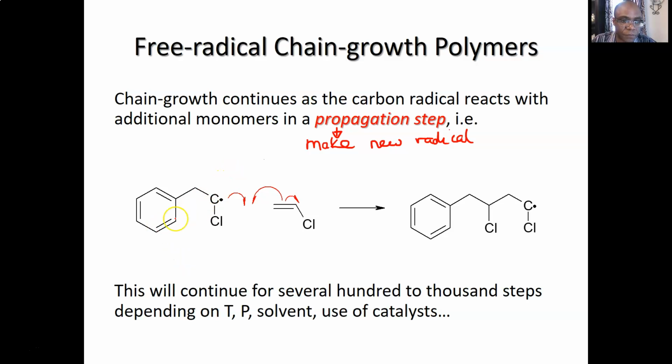This radical is made from the initiation step, so you use the electron to join with another electron from the pi bond of a second monomer, and the second electron of the pi bond will be donated to the carbon next door. So two electrons are meeting here, and they will be used to make a bond. That bond is this bond now.